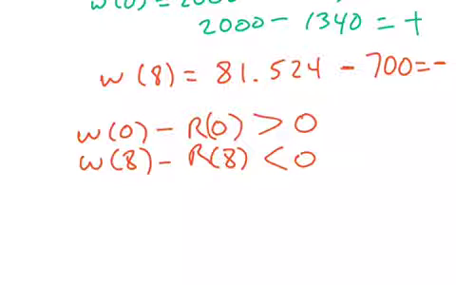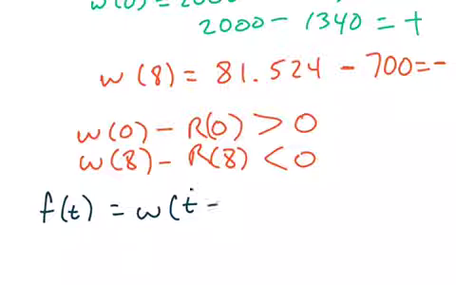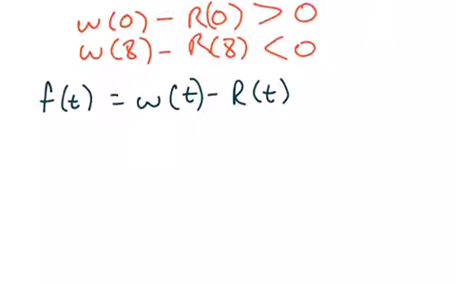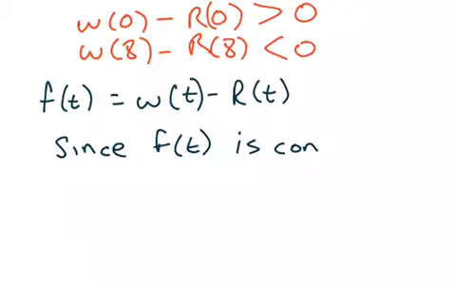So I guess the next question is, well then, how do we write all of this? Well, first we need to define, I guess. I'm going to say f of t equals W of t minus R of t. So if we are given this, then we can say since f of t is continuous, you do have to say this part here.